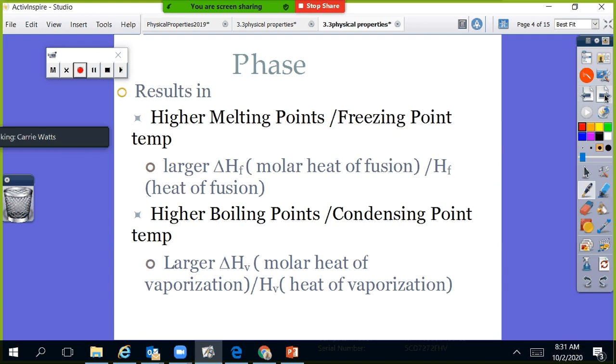If you have strong intermolecular forces, you have higher melting points and freezing point temperatures. Going back to states of matter, the molar heat of fusion, the amount of energy it takes to melt something, is higher. Same thing with the molar heat of vaporization. It takes a lot more energy to vaporize something that has stronger intermolecular forces.